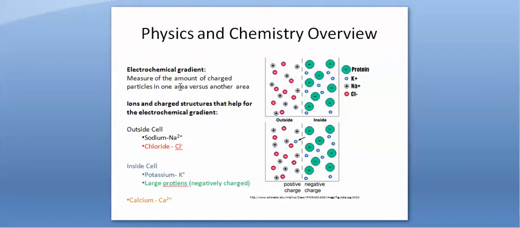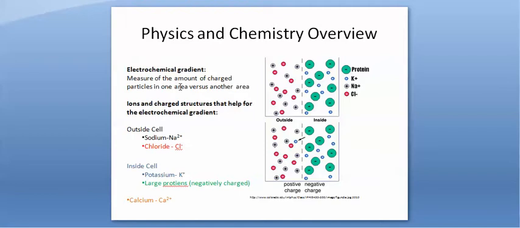So since we have more potassium on the inside versus the outside, there's a gradient, right? We have a higher concentration of potassium on the inside of the cell versus the outside. So those potassium ions naturally want to go to where there's more free real estate, which is on the outside of the cell.